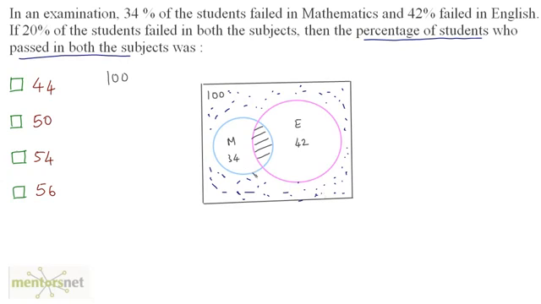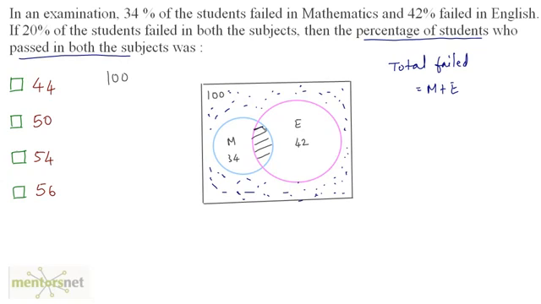Firstly, let us calculate the total number of students who failed. So total failed is equal to m plus e. That means the total number of students who failed in maths and the number of students who failed in English. But when you do that, you take m completely and then take e completely.